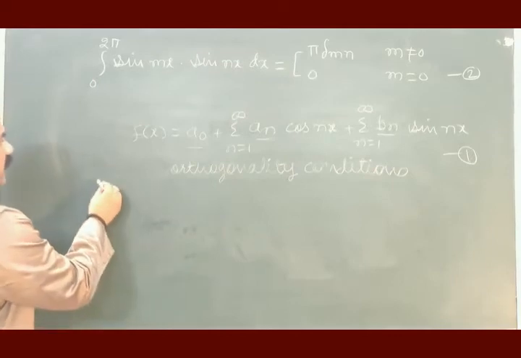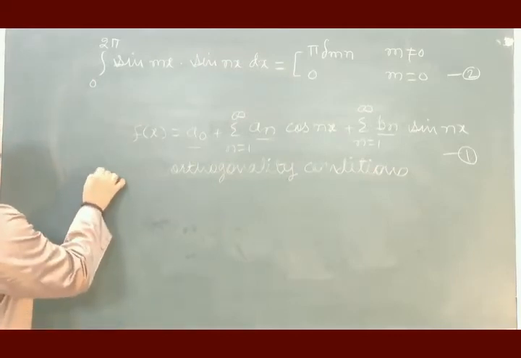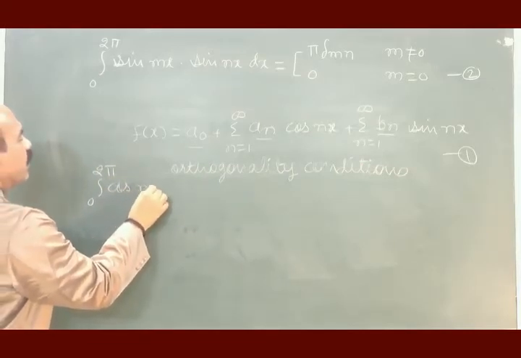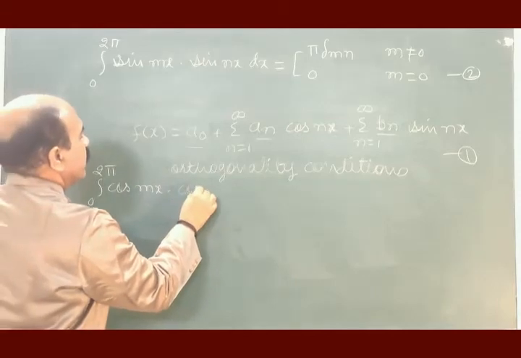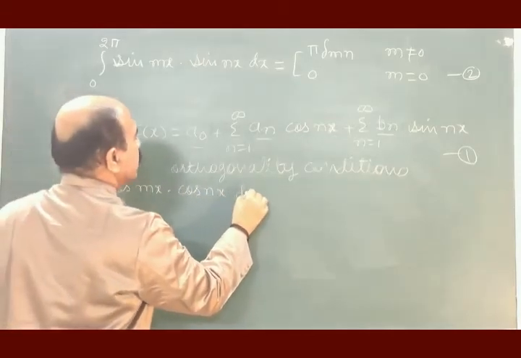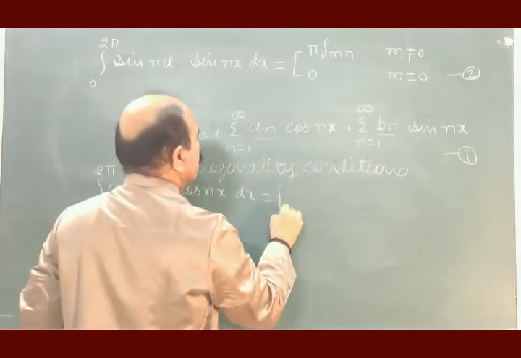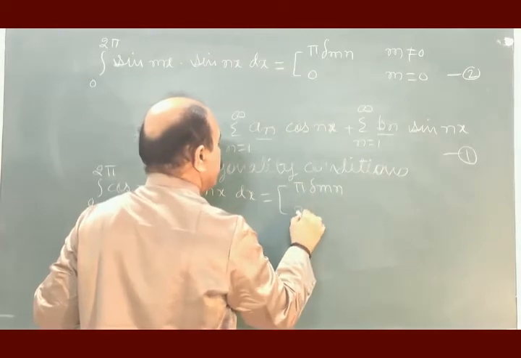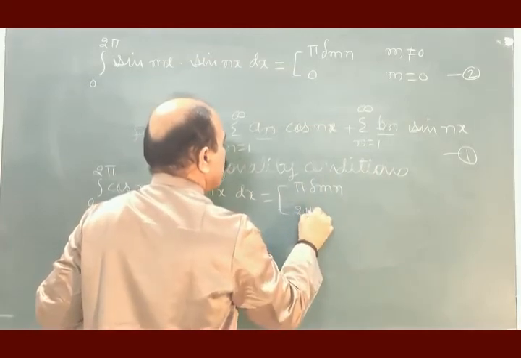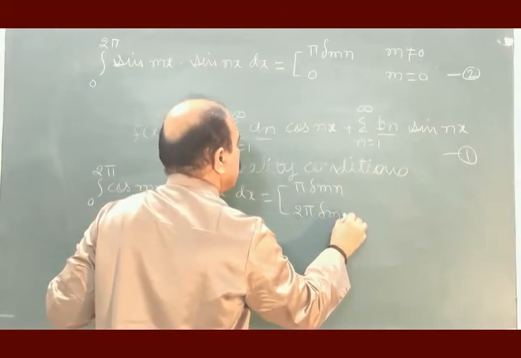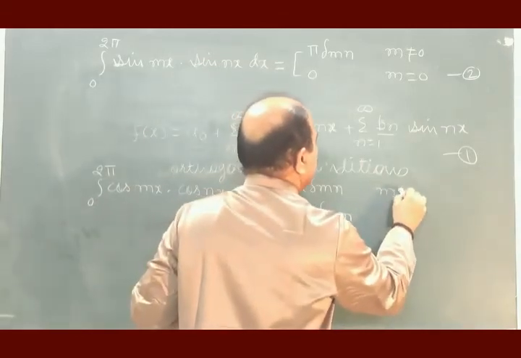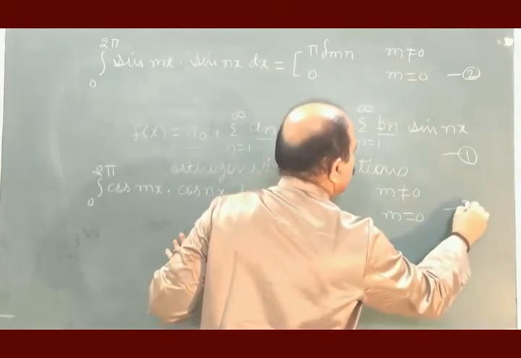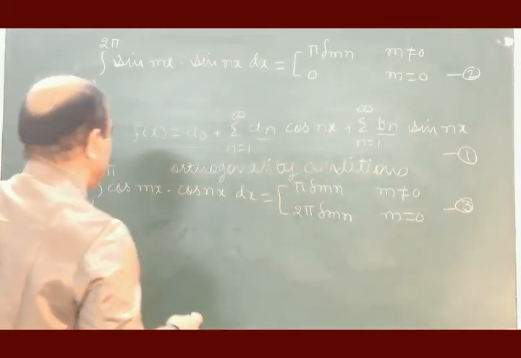The other orthogonality condition: integration over 0 to 2 pi of cos mx into cos nx dx is equal to pi delta mn when m is not equal to 0, and 2 pi delta mn when m is equal to 0, equation number 3.